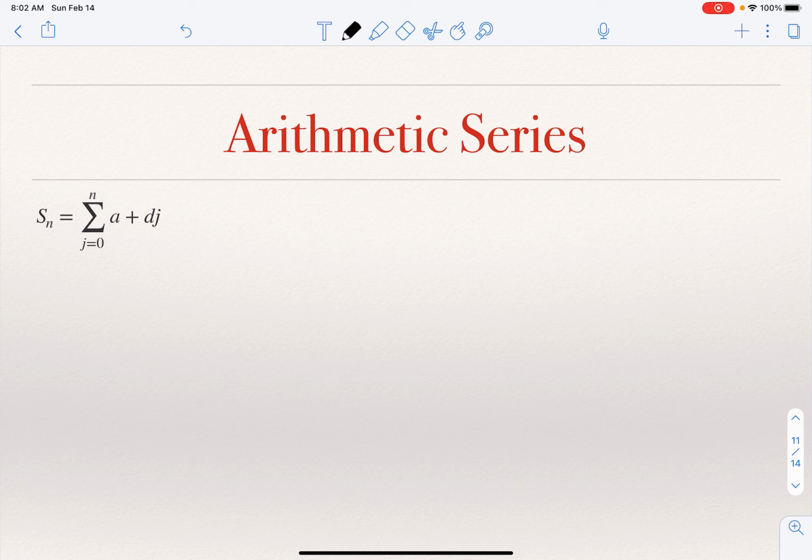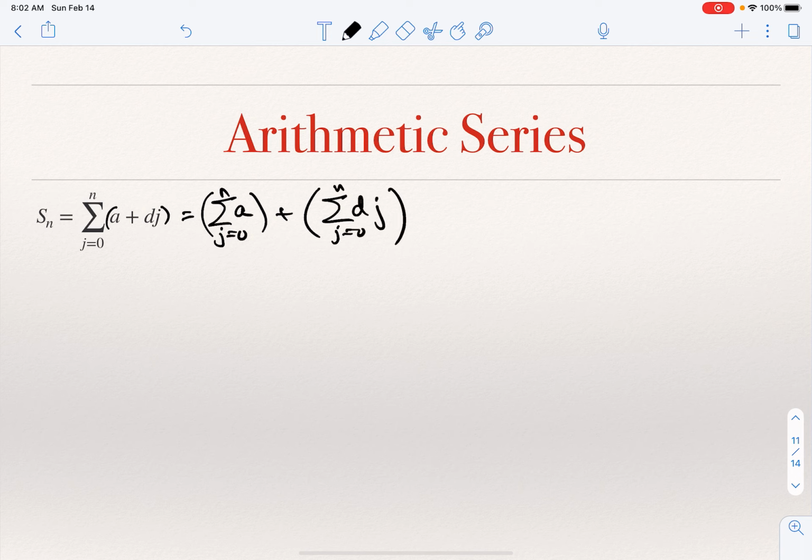So the first thing to do with this is that we know that a has nothing to do with j. a is not indexed, so we can break it into two sums: the sum of a from j equals 0 to n, and the sum from j equals 0 to n of dj.